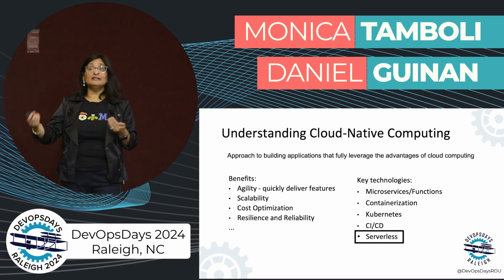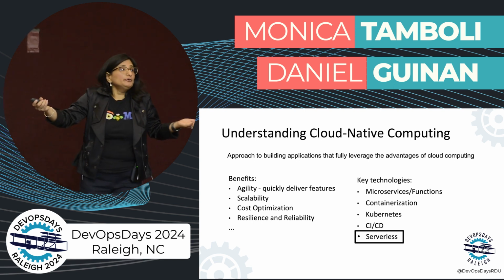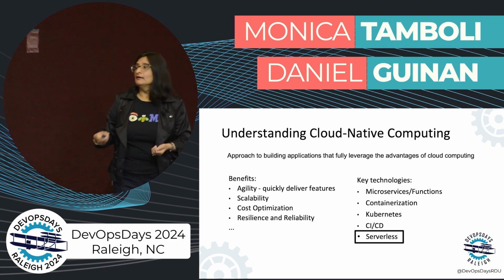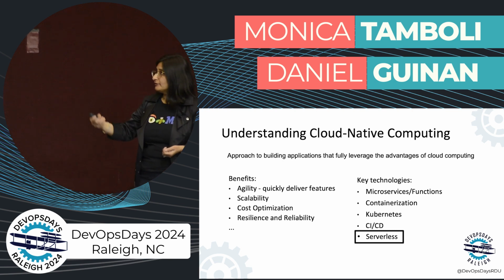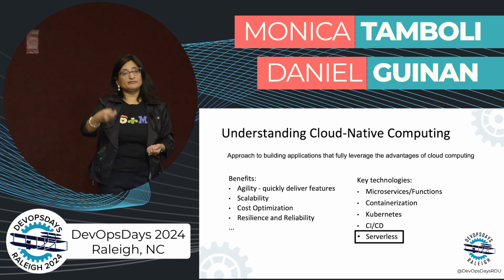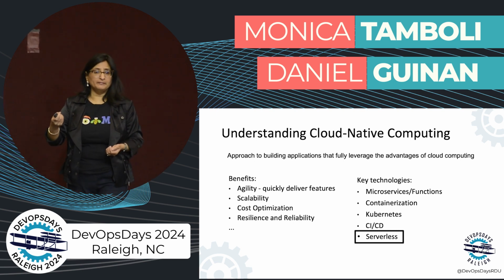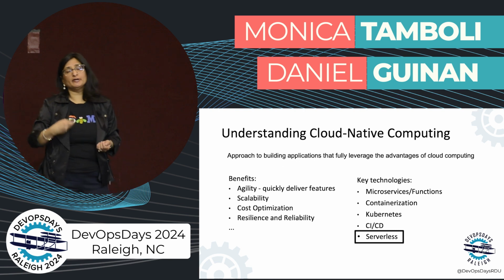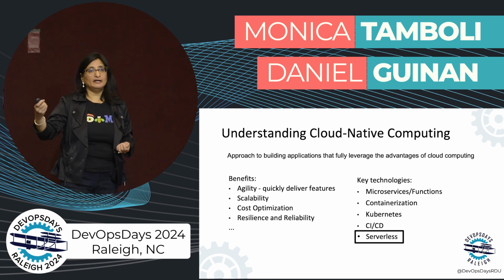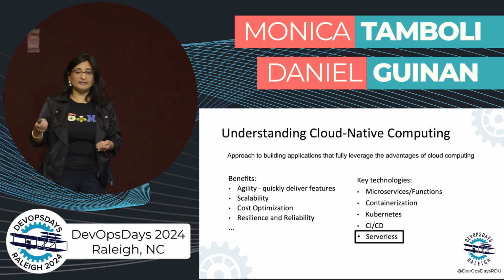And when you have containers, you want to think about how you are going to manage those containers. You need to manage networking, scaling, all those things, and that's where Kubernetes comes into the picture. And also CI/CD, you want to make sure your application integration and delivery is automated.